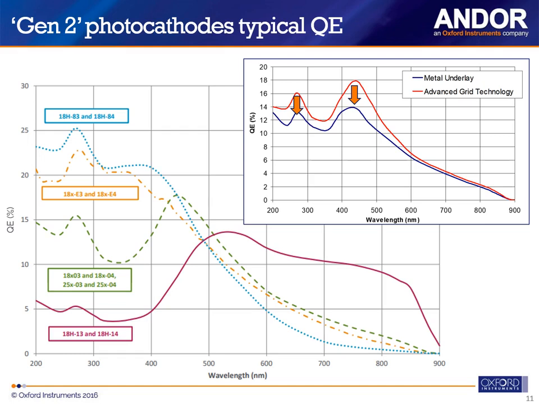So underlays do have a positive impact on how fast you can gate the photocathode, but it has a negative impact on the quantum efficiency.